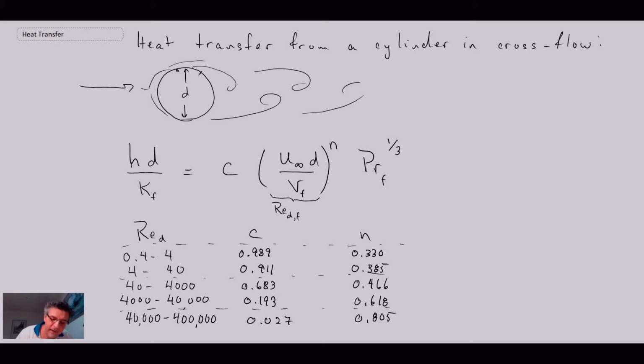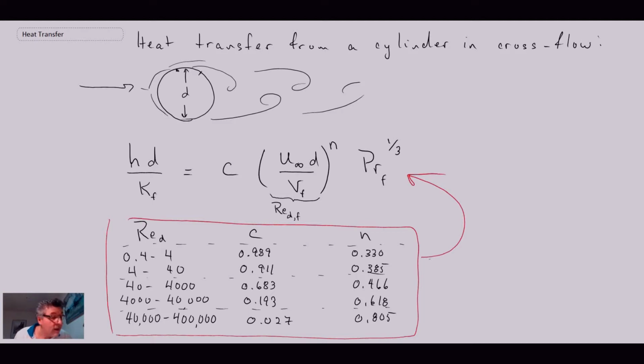Okay, so that there is a table that you can use to determine the values of C and n that you then apply in the expression up here. And the thing that you can note is that these coefficients are a function of the Reynolds number for the flow over the cylinder.